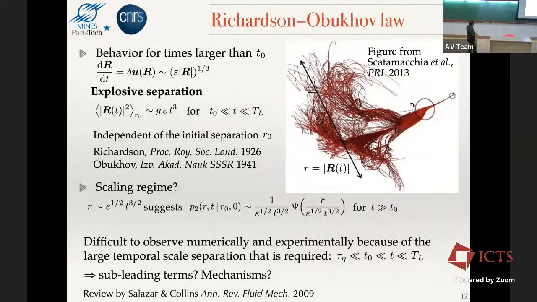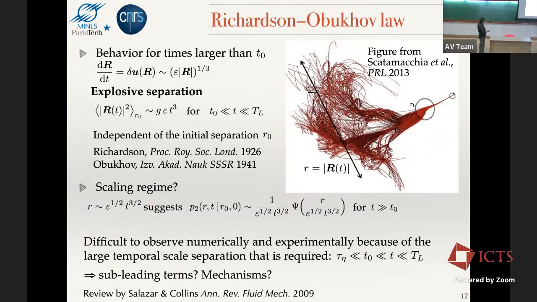The next regime is what we call the Richardson separation. Once they have gone far enough, there is a signature of this non-uniqueness that we have in the flow. So what is this?